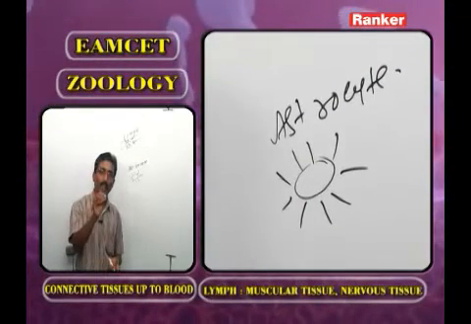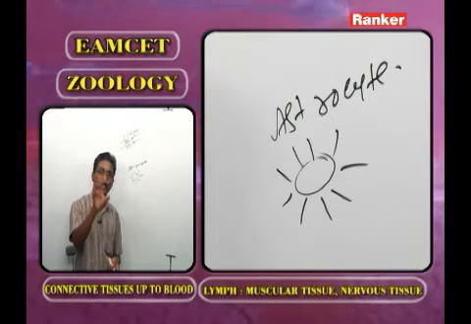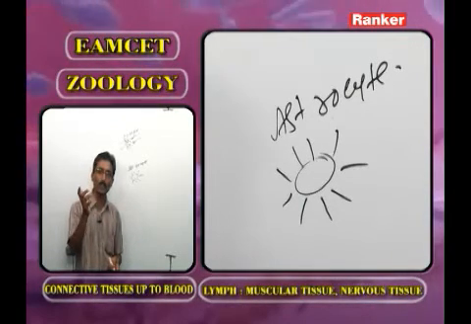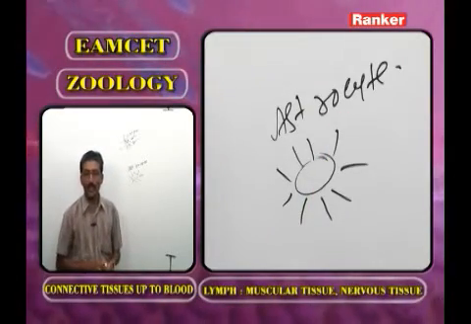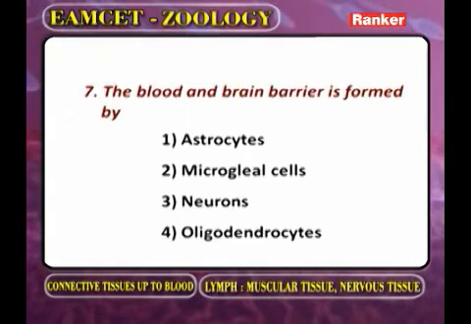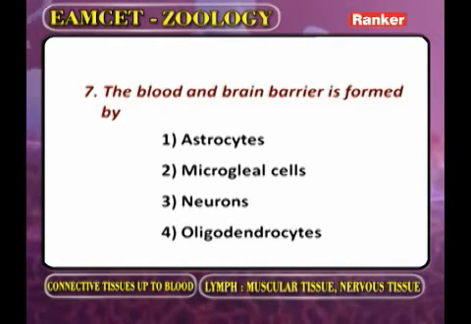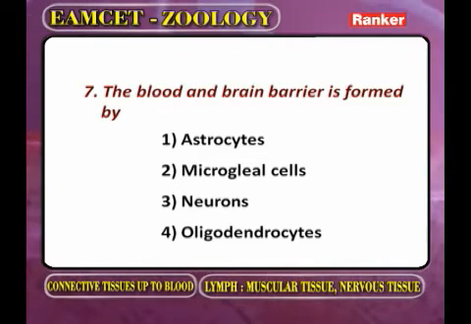In the supplied blood, if any toxic materials are present, they are eliminated or removed by what type of cells? The astrocytes. Now identify: the blood-brain barrier is formed by, one, astrocytes; second, microglial; third, neurons; and the fourth, oligodendrocytes. Here the answer is the first one, astrocytes.